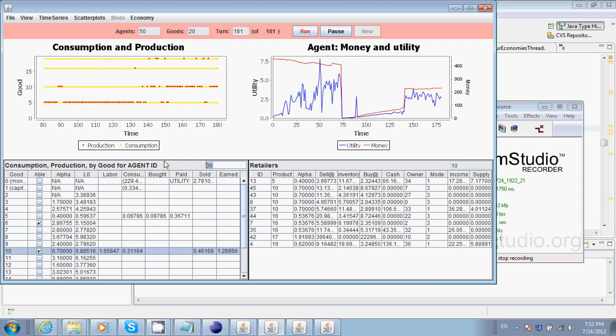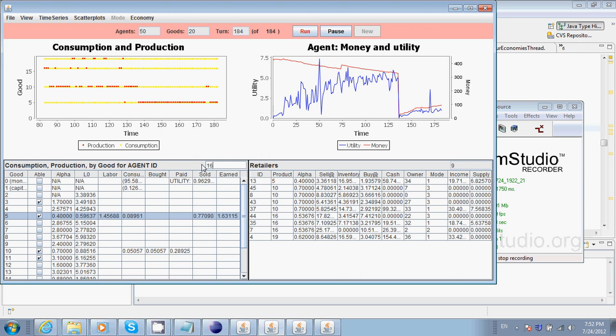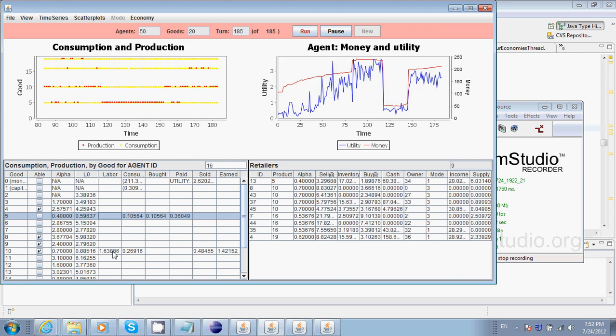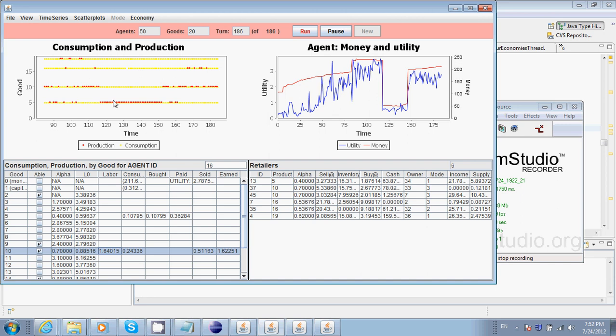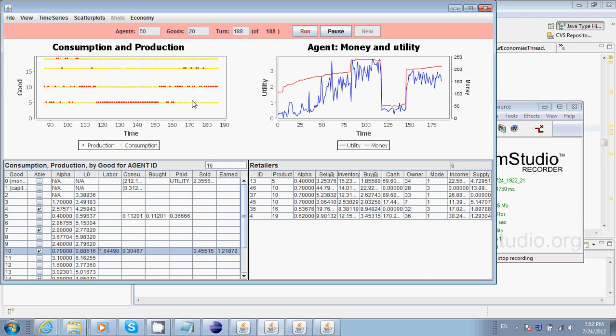We could go to another agent. So this guy's also a specialist in producing good 5. This guy's a specialist in producing good 10. If you track this, this shows the good number, and then the red are the jobs that he's doing. The yellow are the goods he's consuming. So you notice he keeps consuming the same 4 goods. Those are what's available.